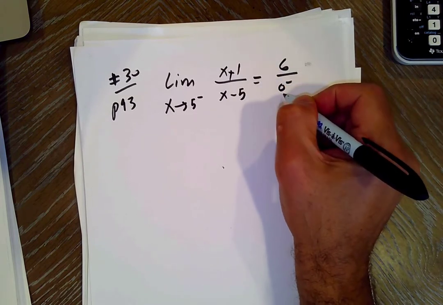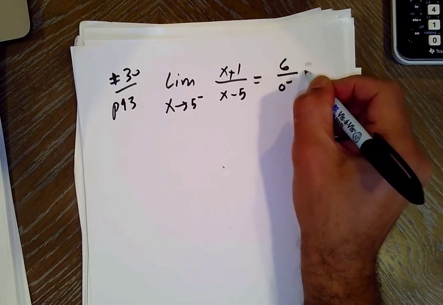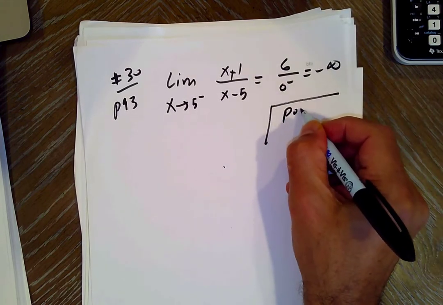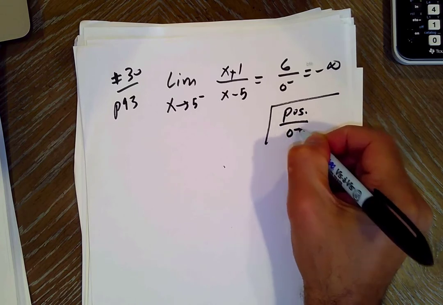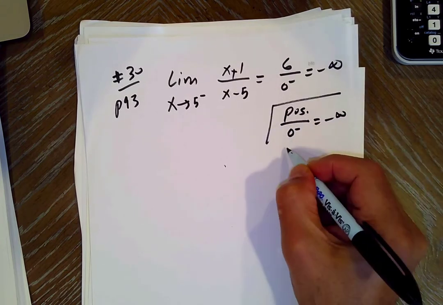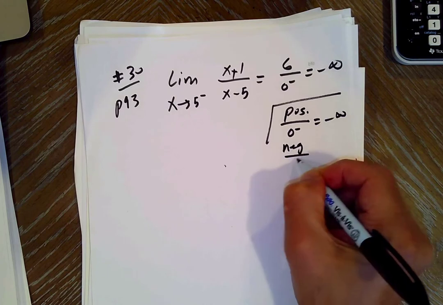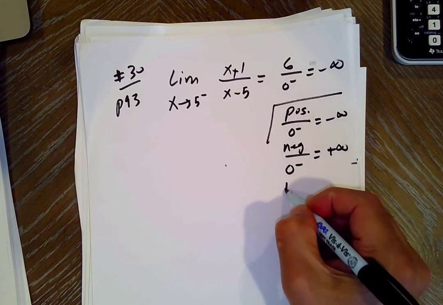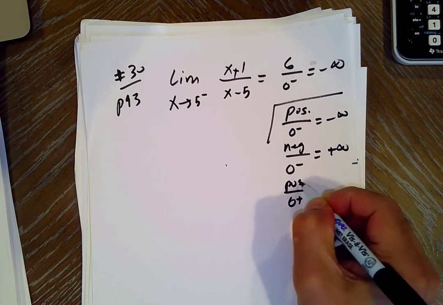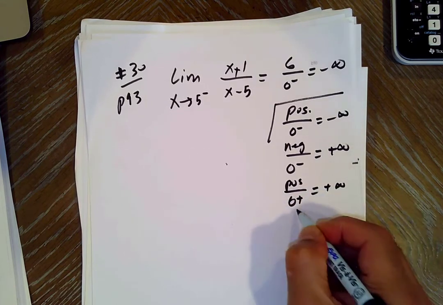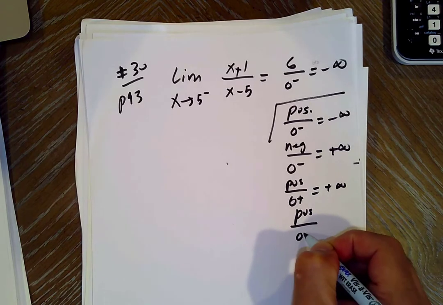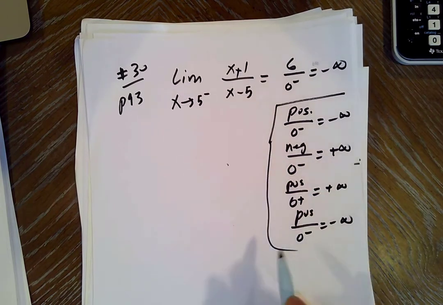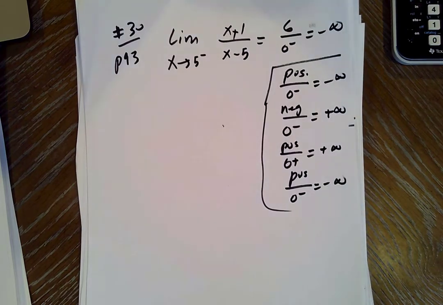Any number divided by 0 is infinity. Positive over negative is going to be negative infinity. So a positive over 0 minus is negative infinity. If you have a negative over 0 minus, two negatives make a positive. If you have a positive over 0 plus, two pluses is plus. So it's just positive over negative, positive over positive, negative over negative, or negative over positive.